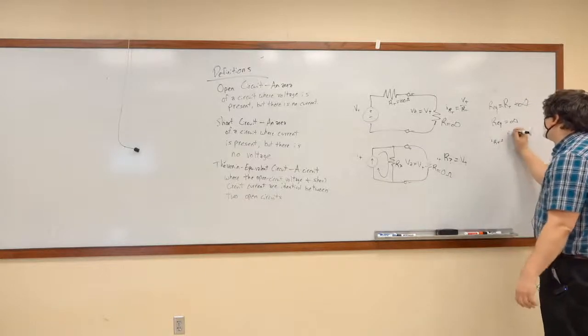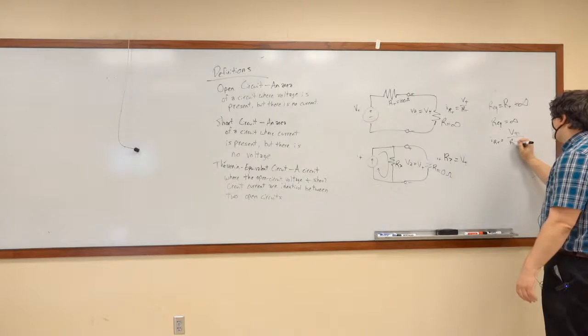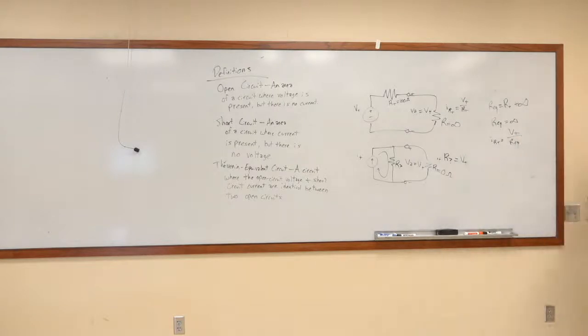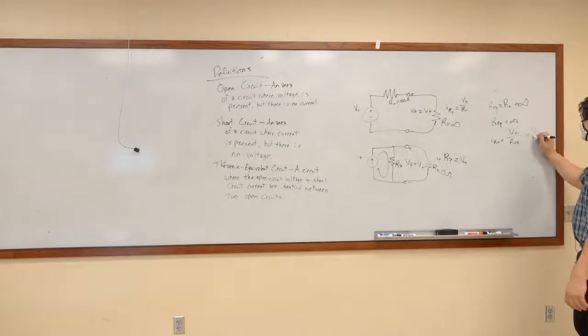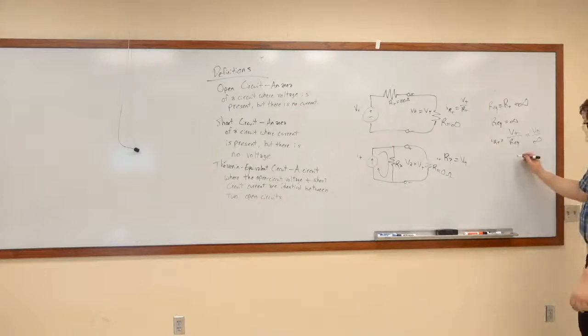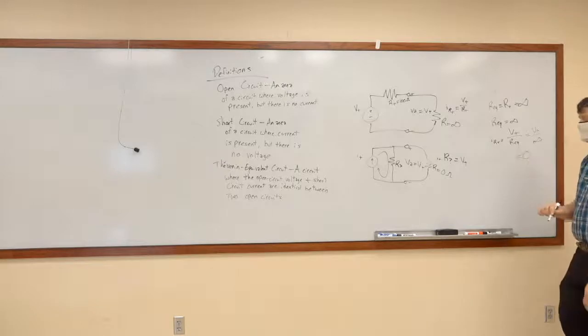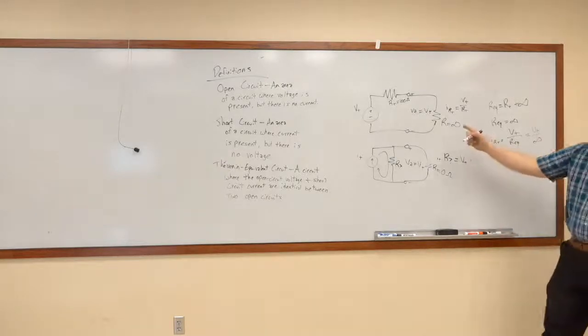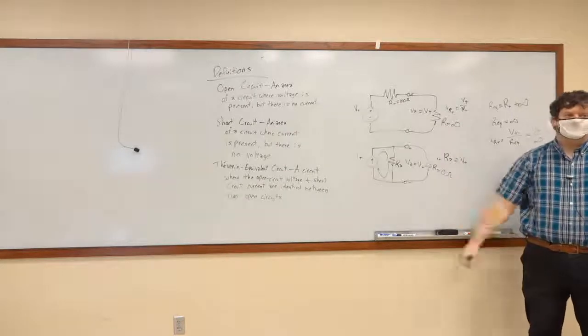IRT is equal to VT over Req. Okay? Req is infinity, so it really doesn't matter what VT is, unless VT is infinity also. But there's no real infinite voltage. That's not realistic. So what you end up with here is that your current is 0. Okay? Which makes this an open circuit.